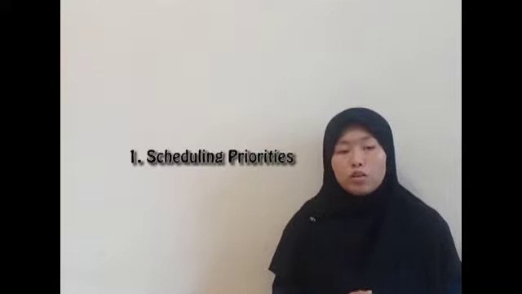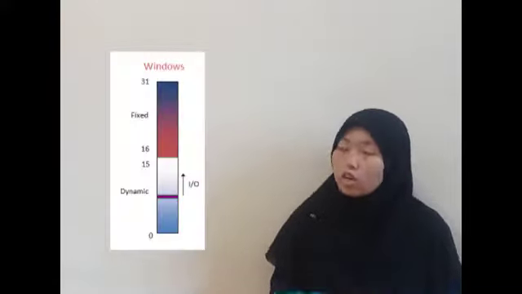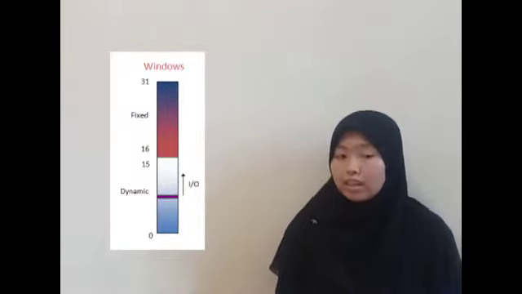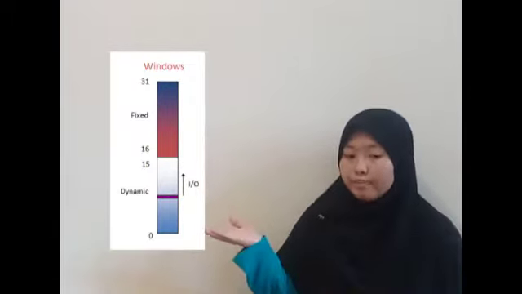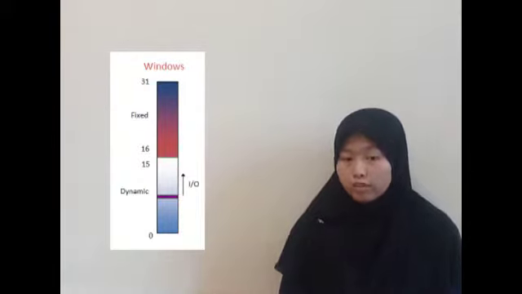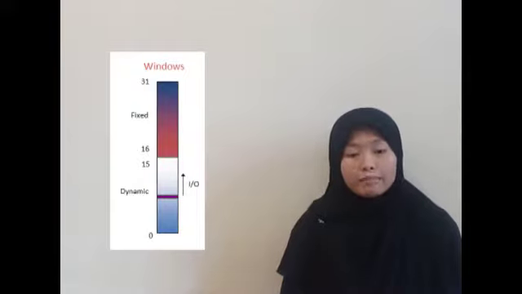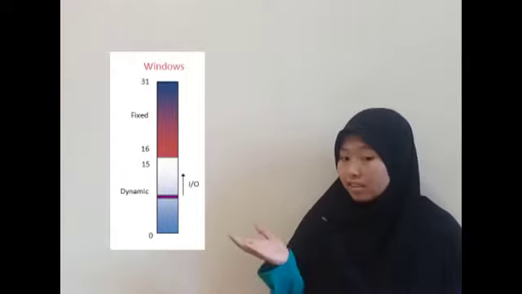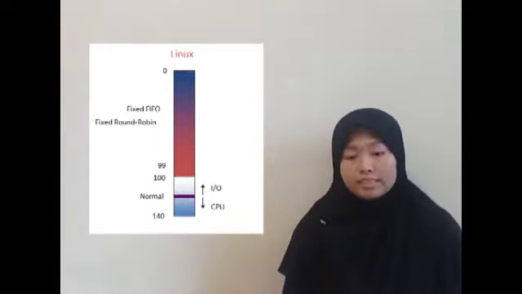First, about scheduling priorities. Windows has two scheduling classes, which are real-time fixed priority 16 to 31, and dynamic priority 1 to 15. It favors high priorities. Priorities of dynamic threads get boosted on wakeups. Thread priorities are never lowered, while Linux has three scheduling classes.